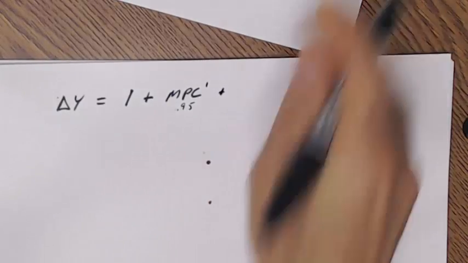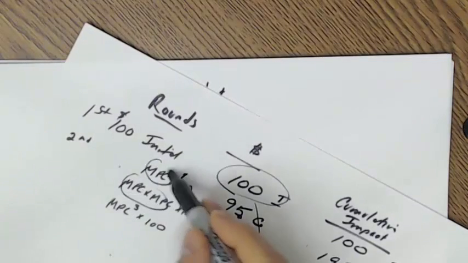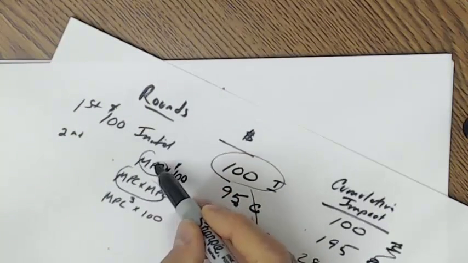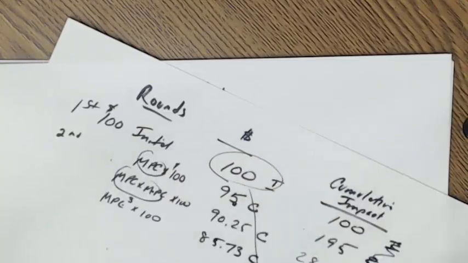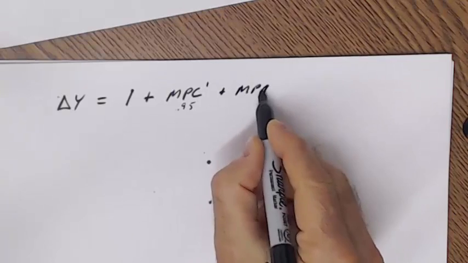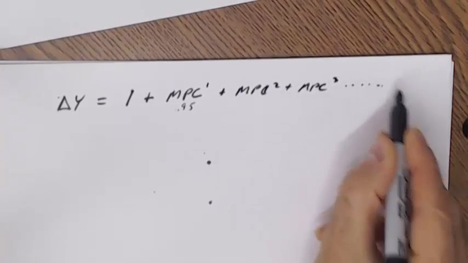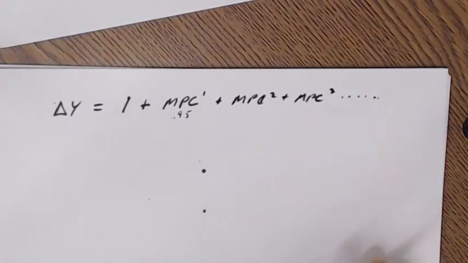Then the next impact is this MPC squared. So we covered the initial one, then the MPC, then MPC squared, then MPC to the third power, and it just continues going on.